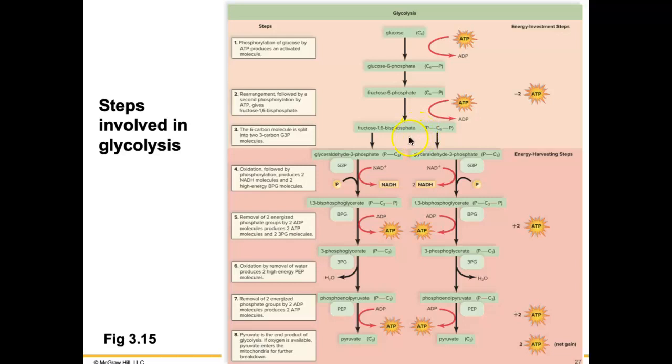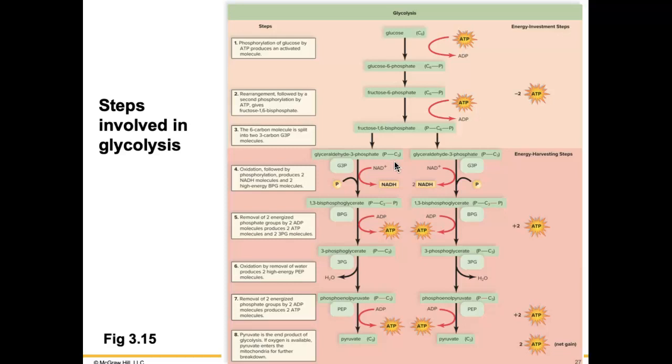We are then going to split this 6-carbon molecule here of fructose 1,6-bisphosphate into 2 separate 3-carbon glyceraldehyde 3-phosphate molecules.